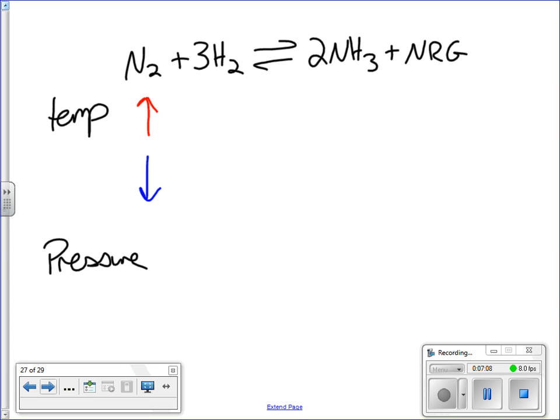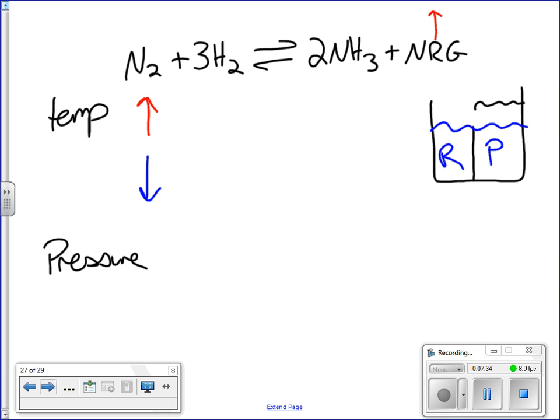If I increase temperature, I'm going to increase the energy term wherever it might be. If it's an exothermic reaction, it's on the product side. If it's an endothermic reaction, it's on the reactant side. If I increase temperature, let's draw this little water balancing act again. Products and reactants. If I increase temperature, I'm adding to the product side.